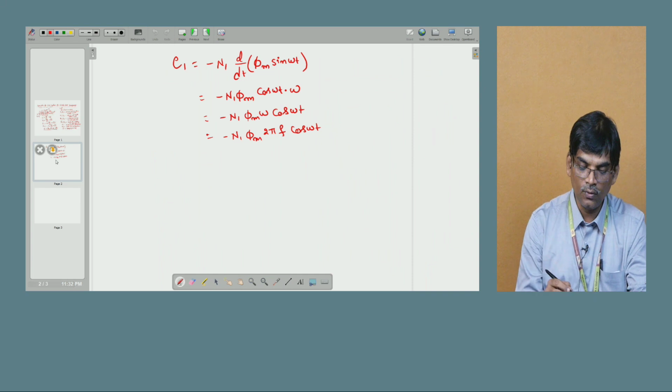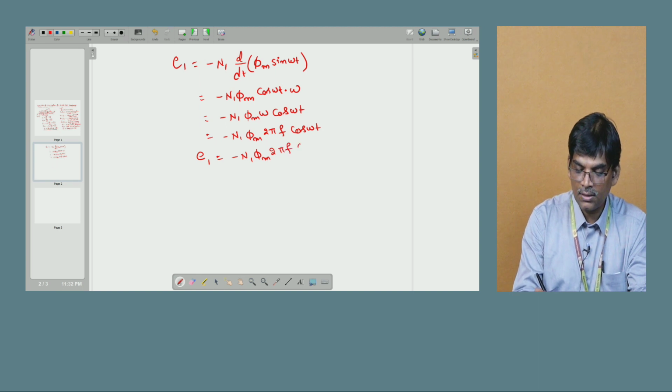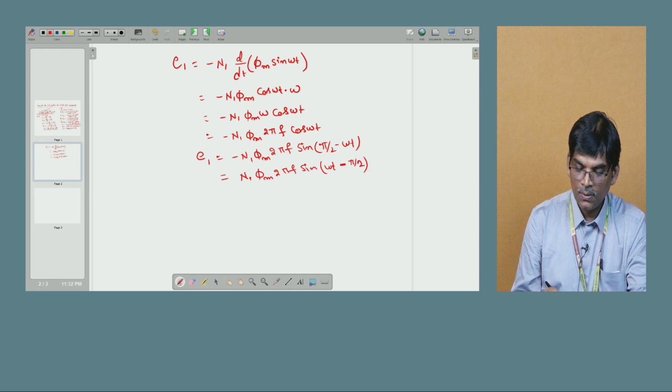So the voltage can also be written in sinusoidal form. Rewriting this equation, N1 φm 2πf cos ωt is nothing but sin of (π by 2 minus ωt). Putting this minus inside the sine, we get N1 φm 2πf sin (ωt minus π by 2). So it is also a sinusoidal equation.